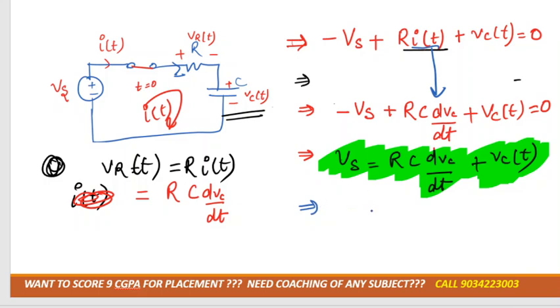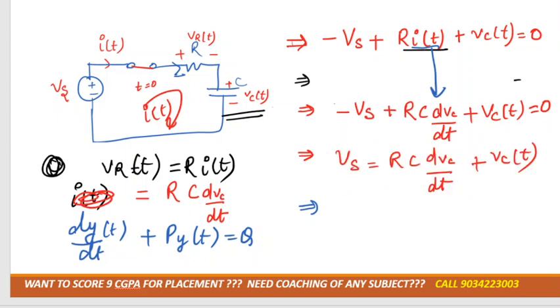So what would be the form of non-homogeneous, if I write that form? That would be dy by dt plus p y of t is equal to q, right? Yes or no? So now we need the dy by dt coefficient to be equal to 1. For that, can we divide the whole equation by RC?